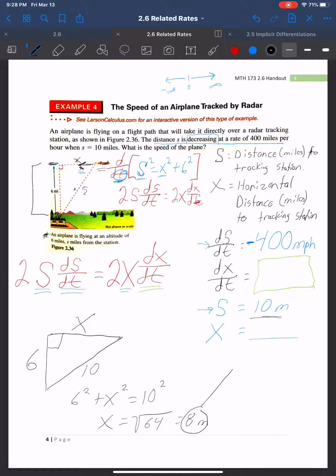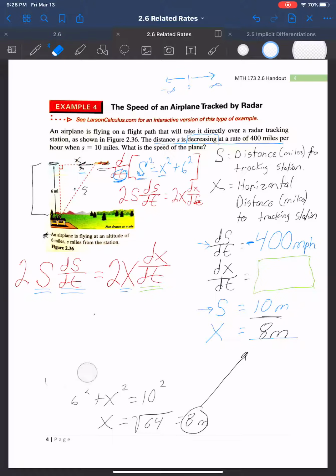All right, ready? This guy now can go here with things that we know. So I have everything that I need to solve for dx/dt. The only thing left to do in this problem is to plug in all of this information that we have collected.